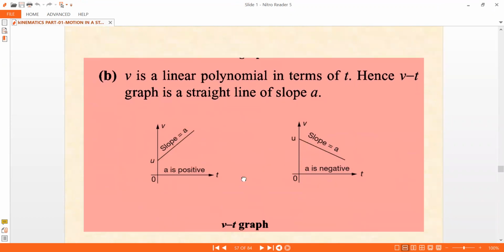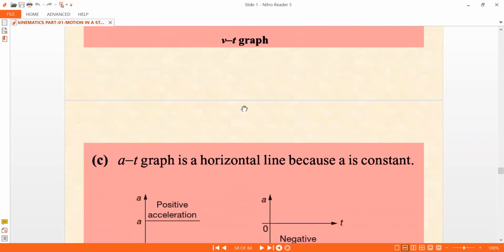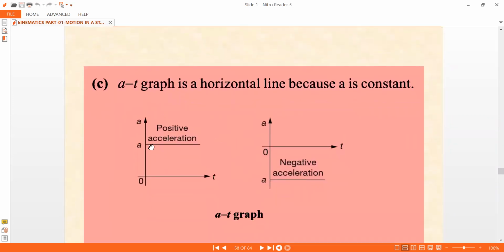That is the x-t graph and v-t graph. And the acceleration time graph will always remain the same: if it is above 0, it's positive acceleration, and if it is below 0, you see negative acceleration. Simple.